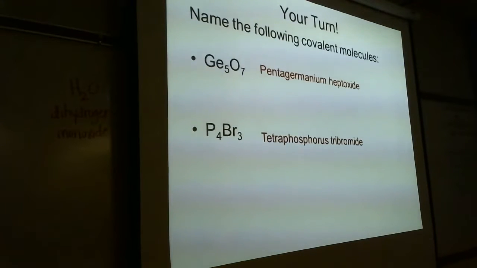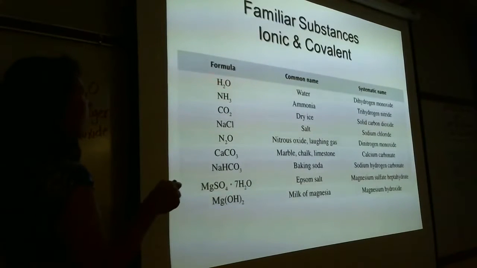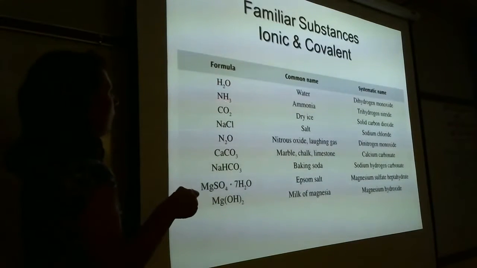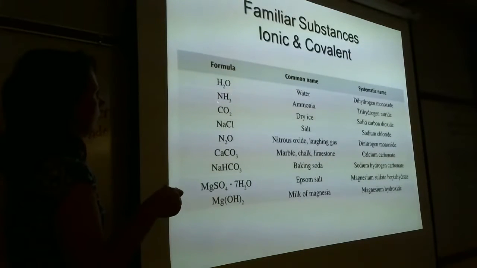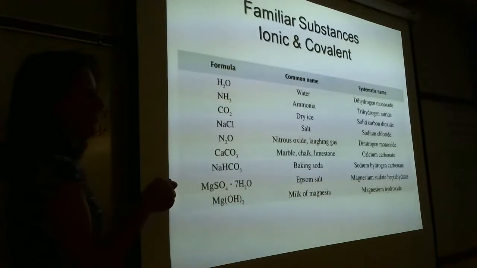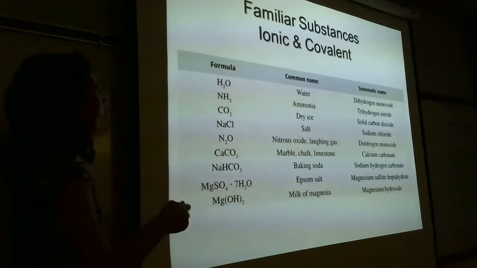All right. So again, you can tell type of bonding by looking at the formula. So what kind of bonding is in water? We already talked about it. What about ammonia? Ionic or covalent? Covalent, right. Remember, we're pretending hydrogen's over next to helium.